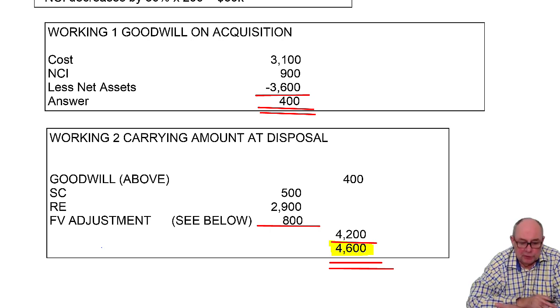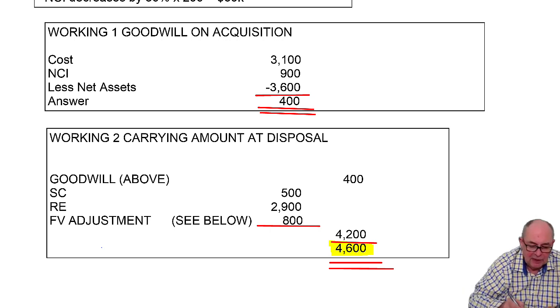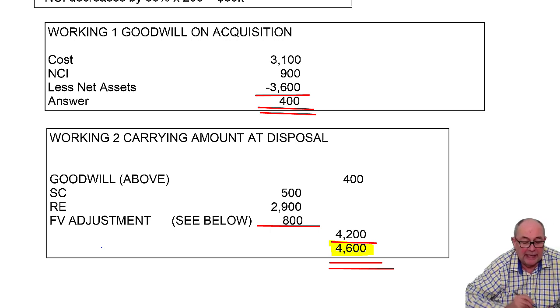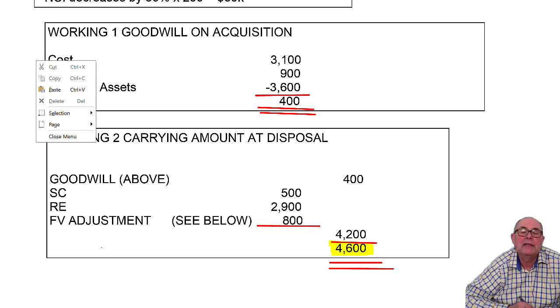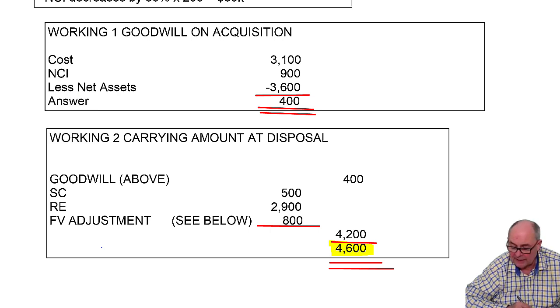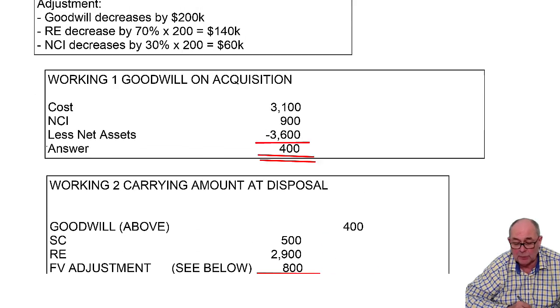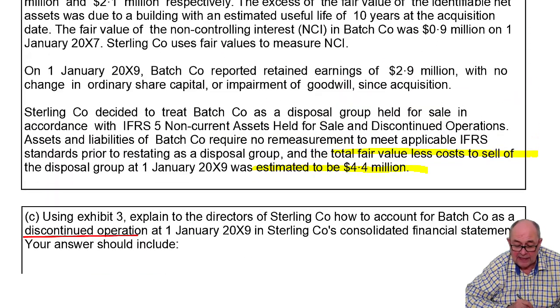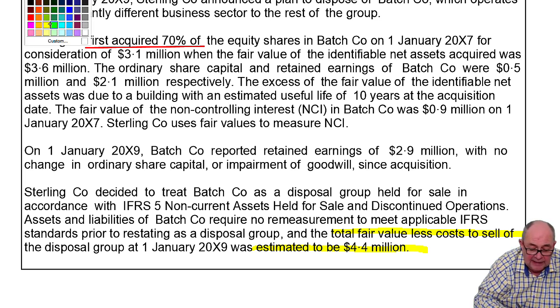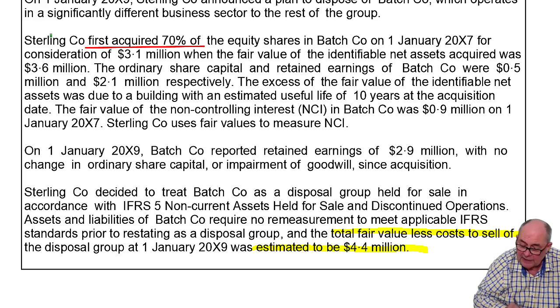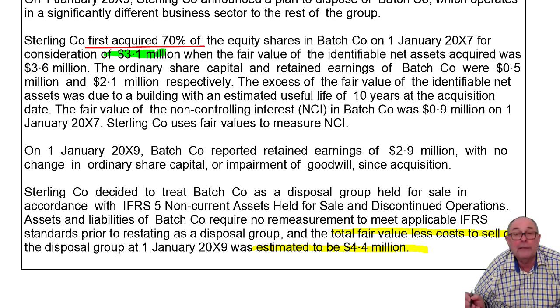The goodwill is straightforward because to buy the company originally cost 3.1 million. That was at a time when its NCI was 900 and the net assets were 3.6. Let's see if we can see those numbers. I'm just going to highlight them in green. Originally they paid 3.1.